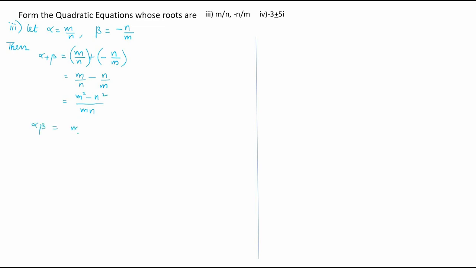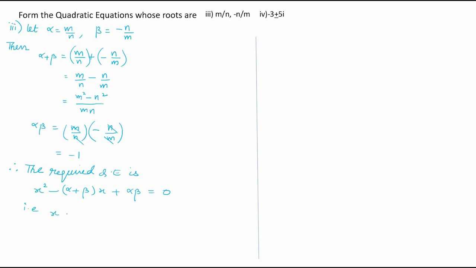Same way we can find the product, m by n into minus of n by m. So you can cancel n and n, you can cancel m and m, minus sign will be remaining. That means the value of the product is minus 1. Therefore, the quadratic equation can be written as x square minus sum of the roots into x plus product of the roots equals to 0.